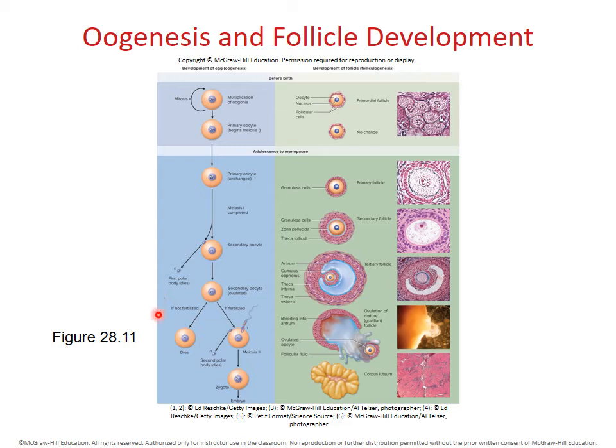Again, as we said, if it's not fertilized, what happens? Nothing happens. The secondary oocyte does not complete the second meiotic division. It simply dies.